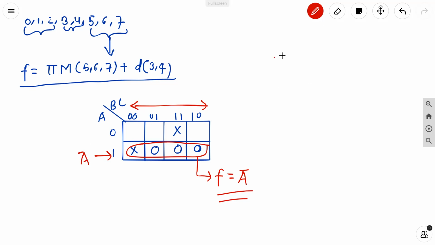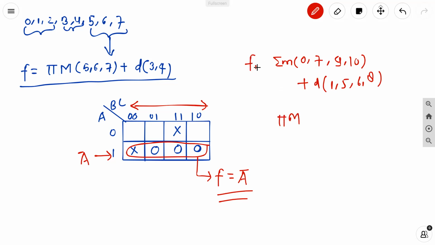Simply, if this is the min term function 0, 7, 9, 10, and don't cares are 1, 5, 6, 8, then what will be the max term function? Whatever remains: 2, 3, 4, then 5, 6, 7 are covered, 8, 9, 10 covered, 11, 12, 13, 14 and 15.